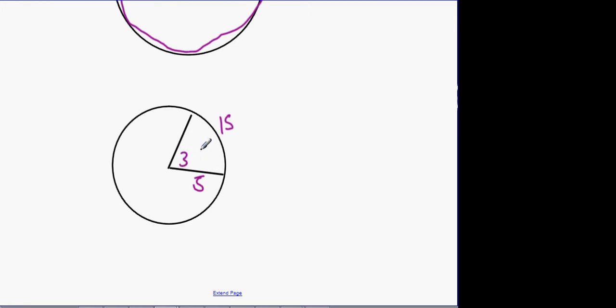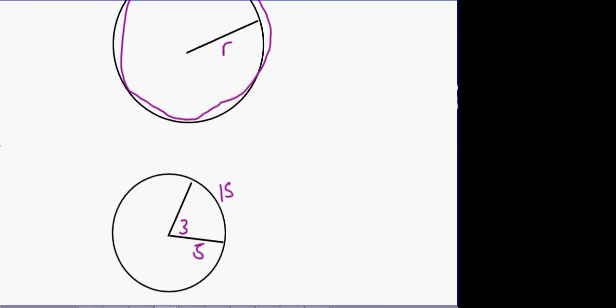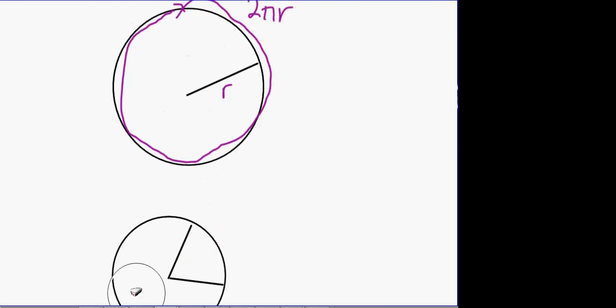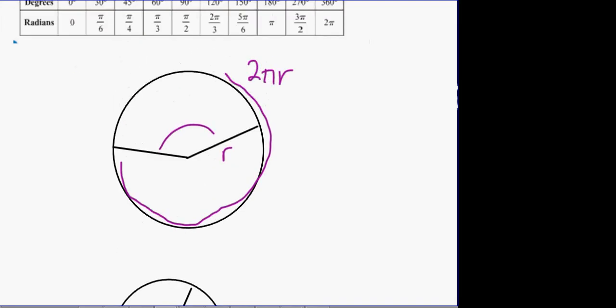Now if I said this is r, and this arc length here is, I don't know, 3r, what would you tell me about the amount of radians in there then? 3. 3 radians, okay?